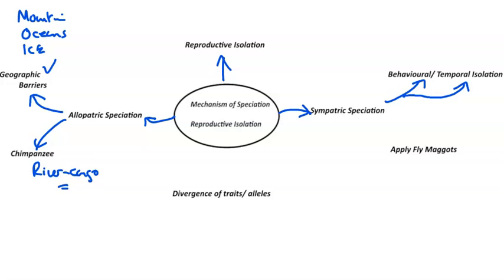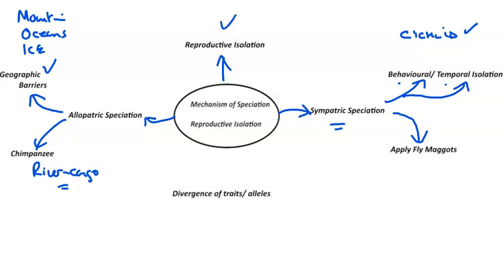So isolating, taking the group and splitting it, having a splitting event as they start to form, perhaps, two species. That's the example in apple fly maggots. There are other examples of behavioral temporal isolation mechanisms, speciation, particularly found in cichlid fish in an East African study. That might be worth one for students to take a look at.